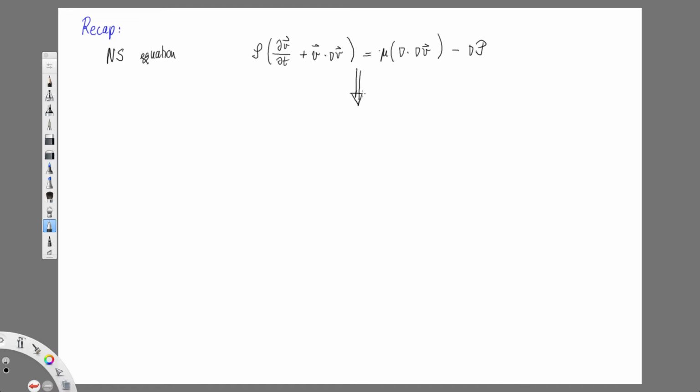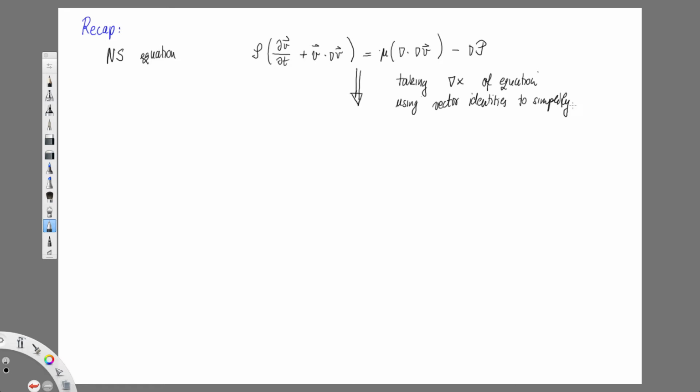With some rearrangements, basically taking the curl of the equation and using vector identities to simplify, we actually got the equation of change for vorticity.